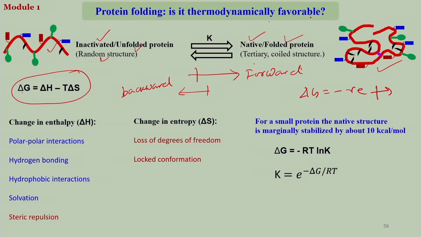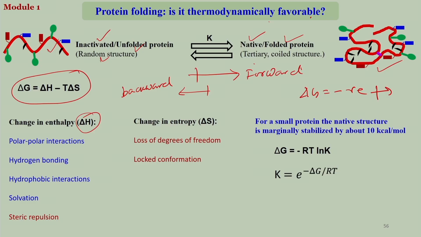So, in order to calculate delta G, you have to think of delta H and delta S separately. If you see the change of enthalpy delta H, what do you gain or what do you lose by this unfolded to folded process? In the folded tertiary structure, you have polar interactions, as I have mentioned, and that is a favorable interaction.